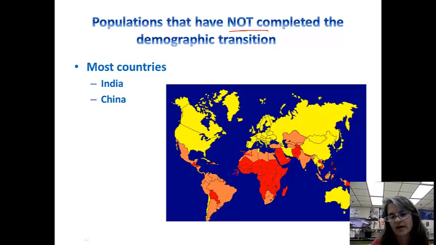Like, for example, the light color are about midway through the process. The red color either haven't started it or are in the early stages of transition, and the yellows have completed this demographic transition, okay? So most countries have not really completed the transition. India is a great example. China, these are huge, huge populated countries, and they are still growing, okay?